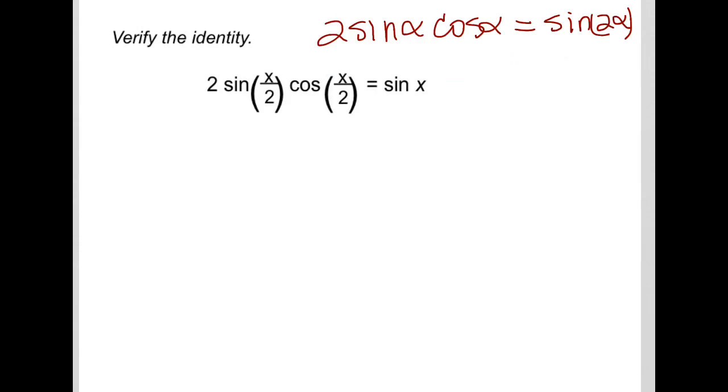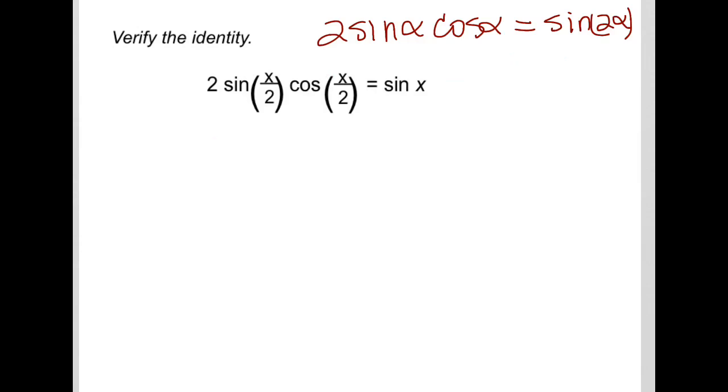So I am going to do exactly what I did with the previous verification, and I'm simply going to substitute sine of 2x for this. Oops, let me erase that. I didn't want the sine, I want that there.